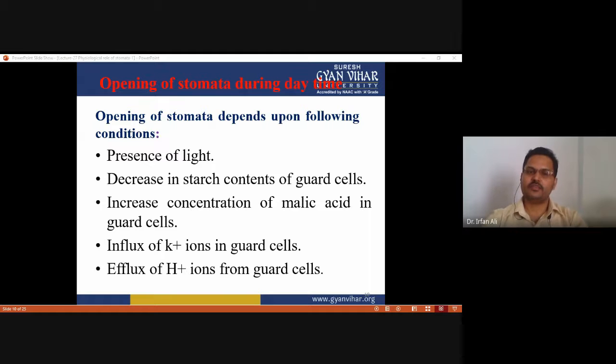Influx of potassium ion in the guard cell also favors the opening of stomata. Influx means the potassium ion comes in. And efflux of hydrogen ion from the guard cells. Efflux means the hydrogen ion goes out from the guard cell. So these conditions favor the opening of stomata.